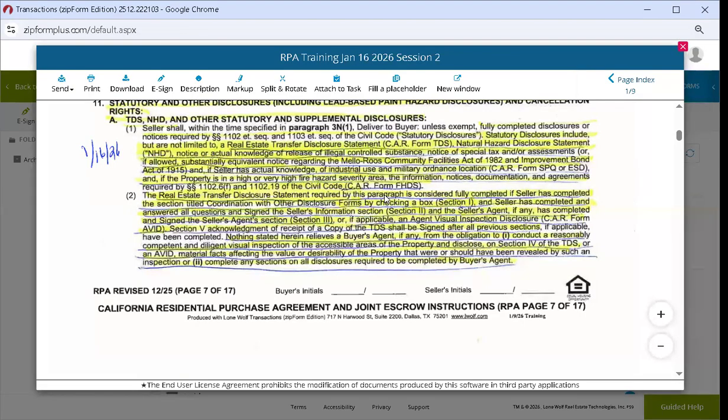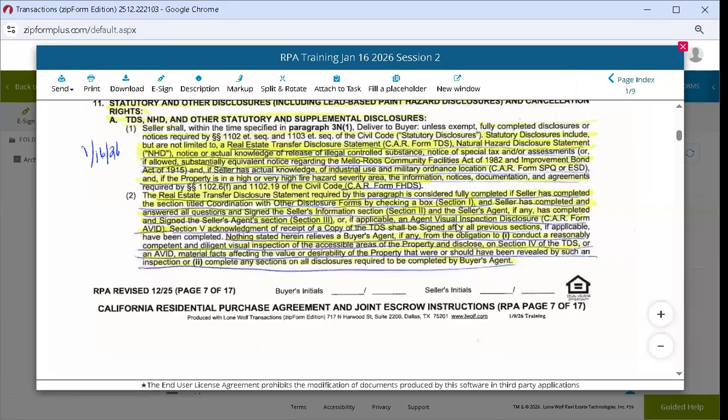I do have the TDS attached. We're going to go over that as a refresher, not just for you, but for me too. And that the seller has completed all the questions in section 2, and that the agent has completed their space in section 3. And if applicable, which it is applicable to our company, we do require an AVID.